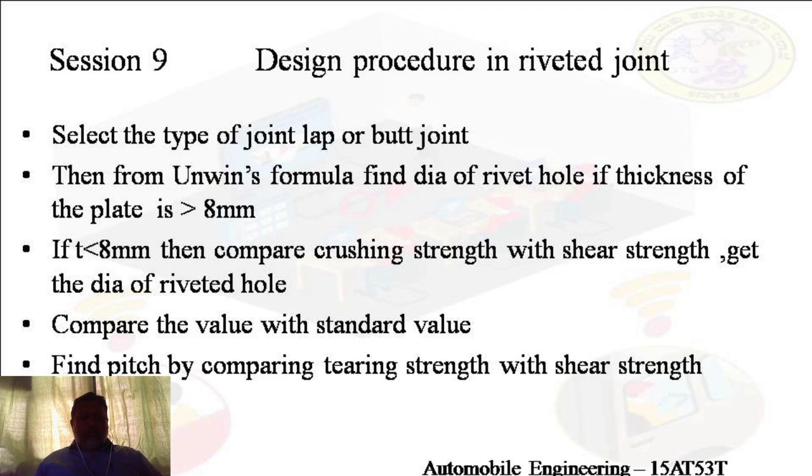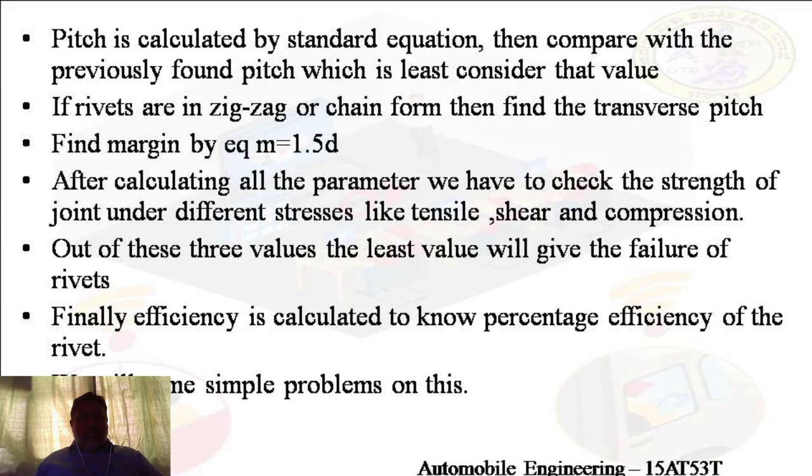Then compare this pitch with the standard values provided in the design data handbook by the author Madhavan, and whichever is the least, take that value for further calculation. Then we go for finding the transverse pitch, whether it is a chain or a zigzag manner of rivets.